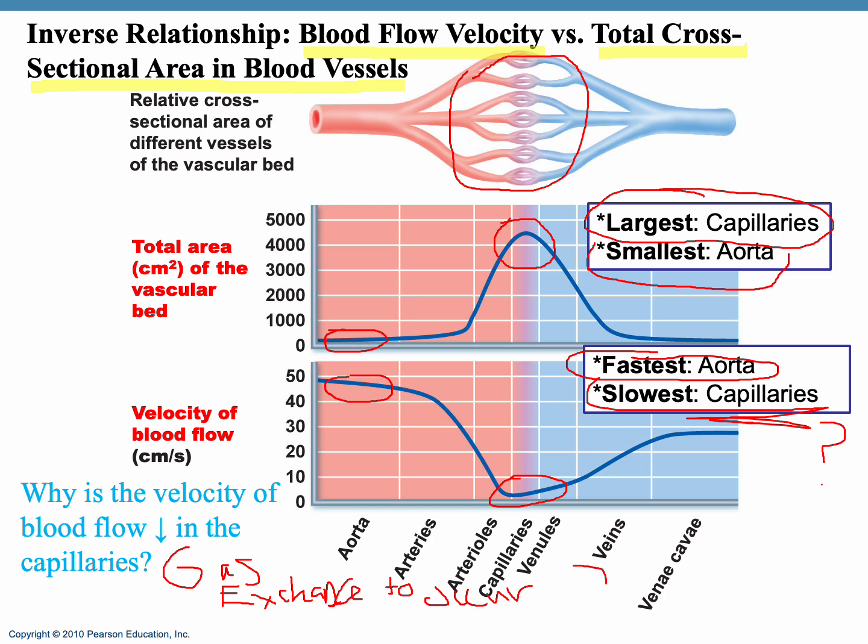That's pretty important. We really need the blood flow to slow down so we get oxygen to tissues and carbon dioxide removed from the tissues back into the blood. And likewise, it allows for enough time for exchanging of nutrients and hormones and getting rid of waste products. You need the blood flow to go very slow in the capillaries.